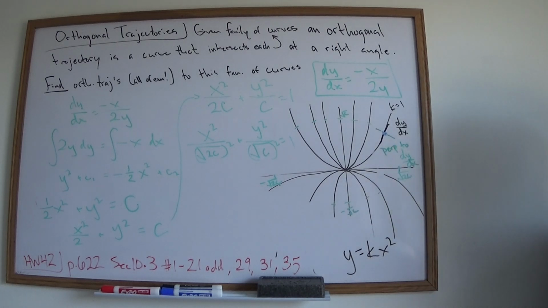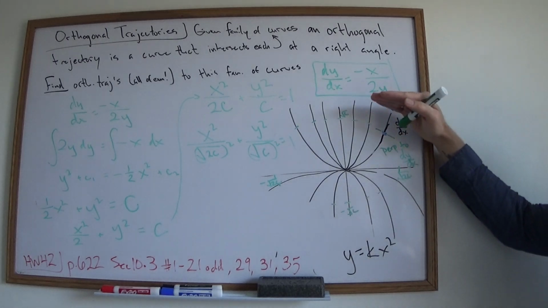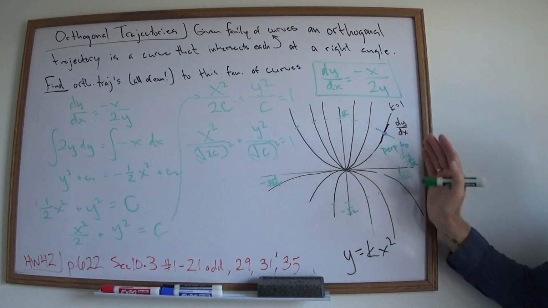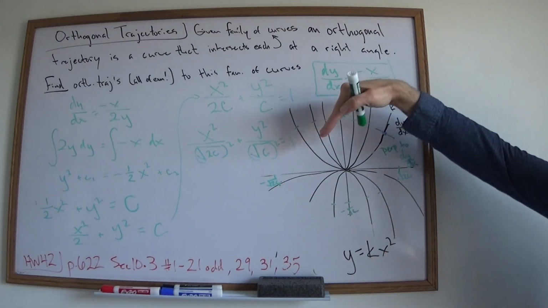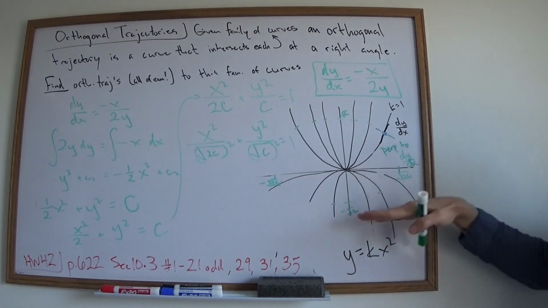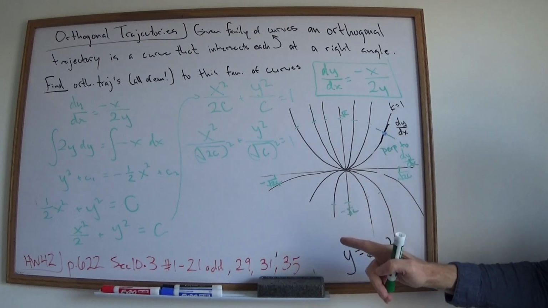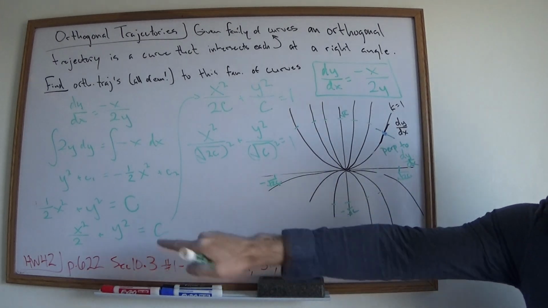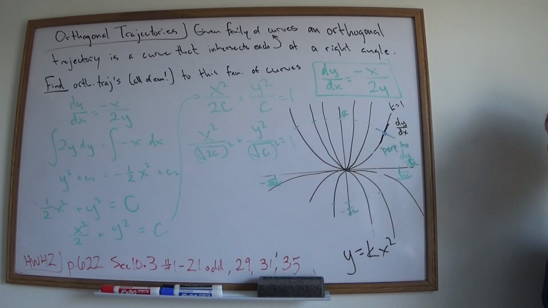I'm thinking, you can't do that. That's ridiculous. How could you specify a function that goes through every single one of those infinitely many curves exactly orthogonally, exactly at a right angle? And then we find out that not only can you do that, you can find infinitely many of them that work. That's pretty stinking cool as far as I'm concerned.